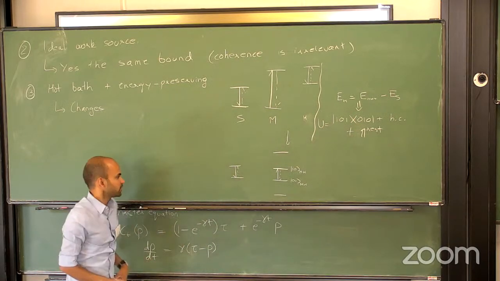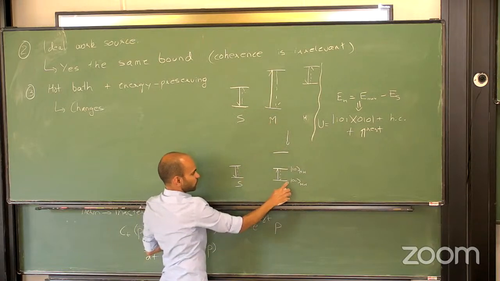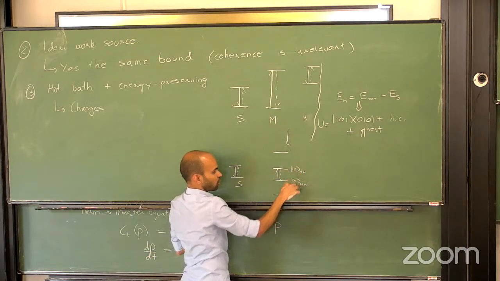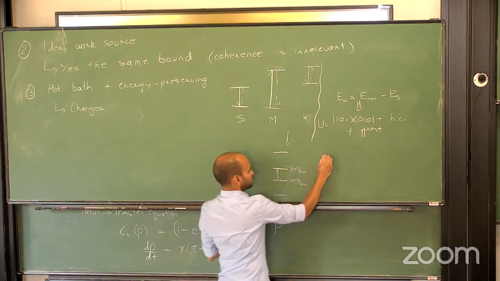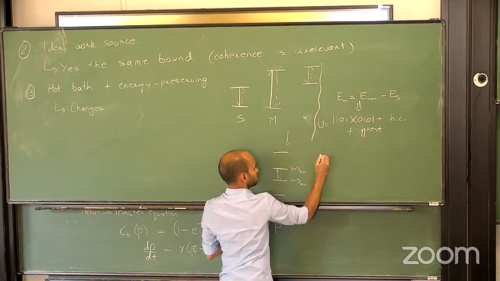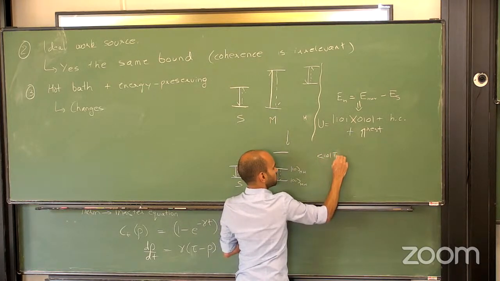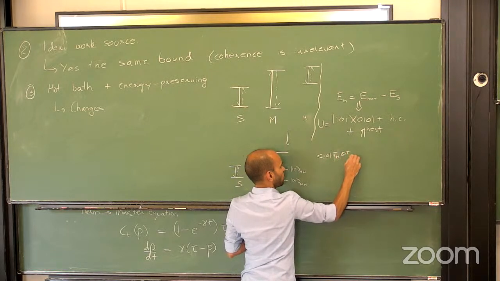So the Gibbs ratio of the system, instead of going to just the Gibbs ratio of the machine, is going to go to the Gibbs ratio of this composite system here. And this is very easy to calculate. I take the ratio of these states.